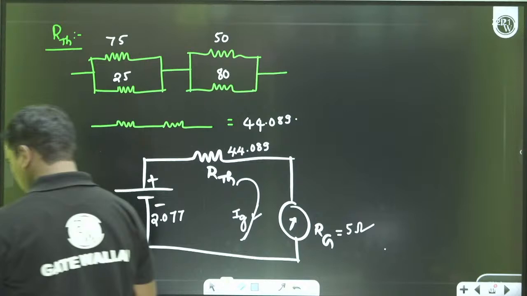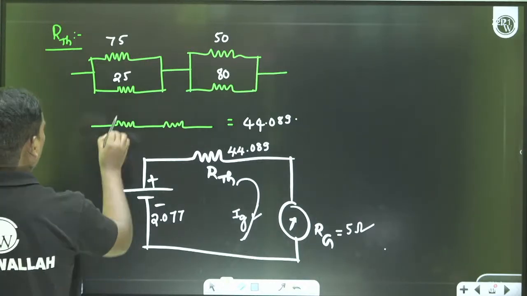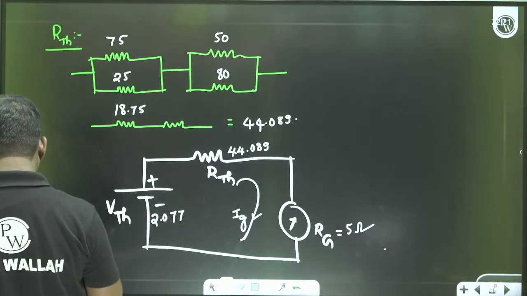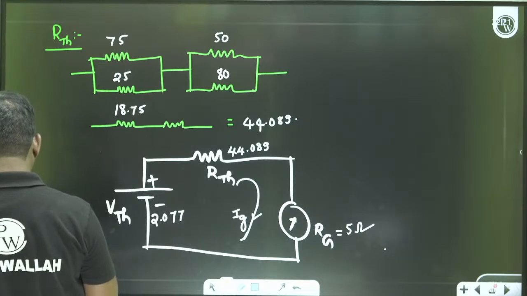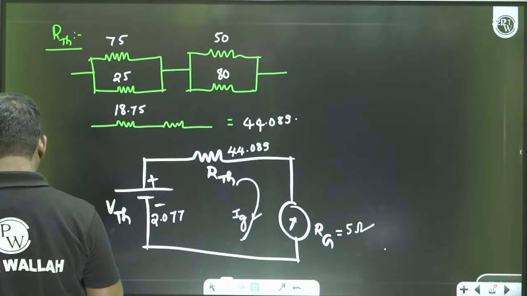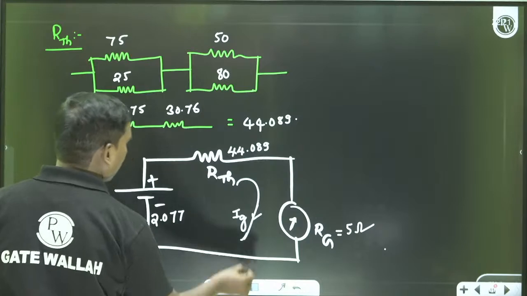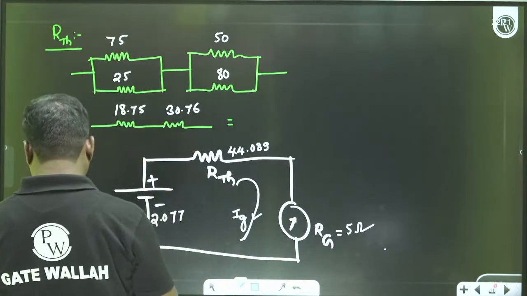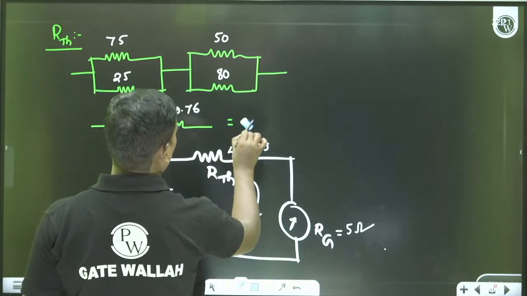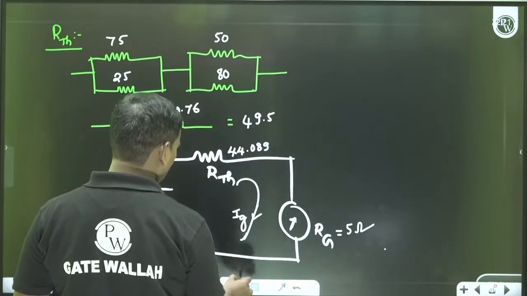So 75 into 25 divided by 100 is 18.75. 50 into 80 divided by 130 is 30.76. So it is 49.5.